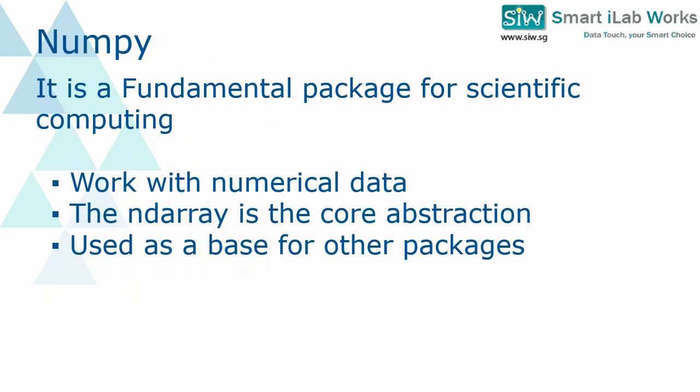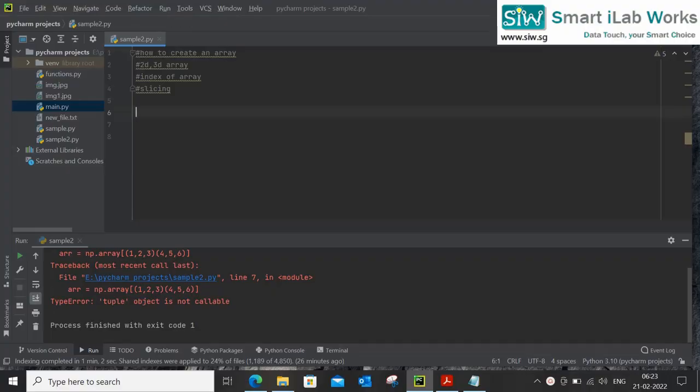NumPy is nothing but Numerical Python. We can work with numerical data, and the ndarray is the core abstraction used. Let me show some examples in the lab. First, I need to import the NumPy library. Before that, you need to install NumPy. You know where to install, right?